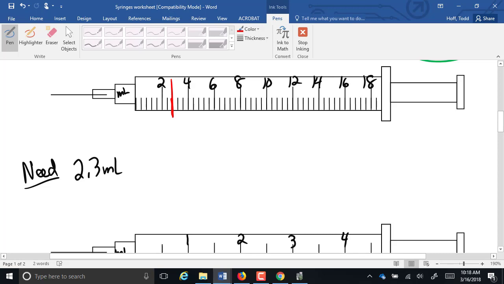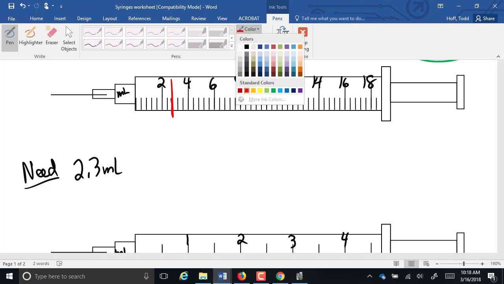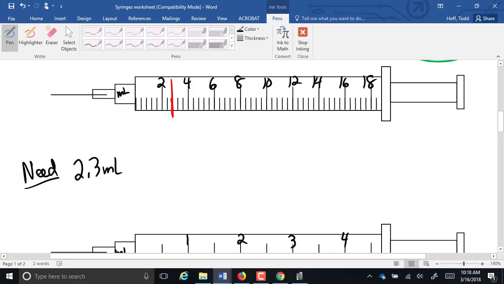The problem is, the difference is all my syringes here are the same size, but in reality, a syringe that has the numbers going up that quickly is probably a very wide syringe, like this. A syringe that has the numbers relatively spaced that only goes up to 4, that's probably a relatively narrow syringe, like that.